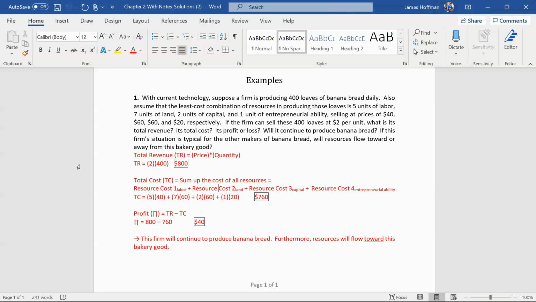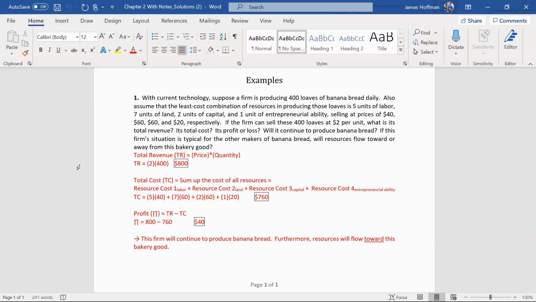And we have resource cost 2, which is the cost of land. And then resource cost 3, which is the cost of capital. And then the last, resource cost 4, is the cost the firm has to pay for entrepreneurial ability. And to add up all these costs, just put in the price you had to pay for those resources, and then how much you use.